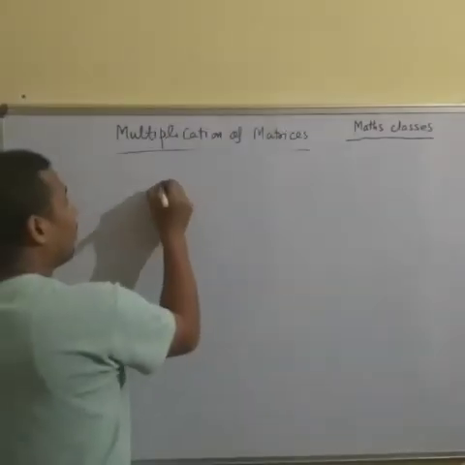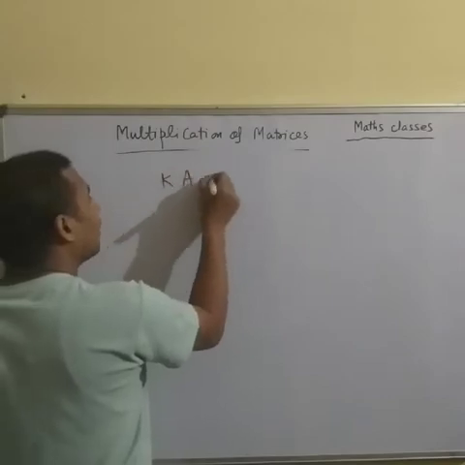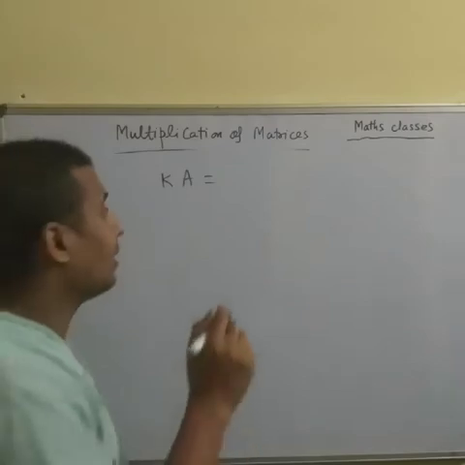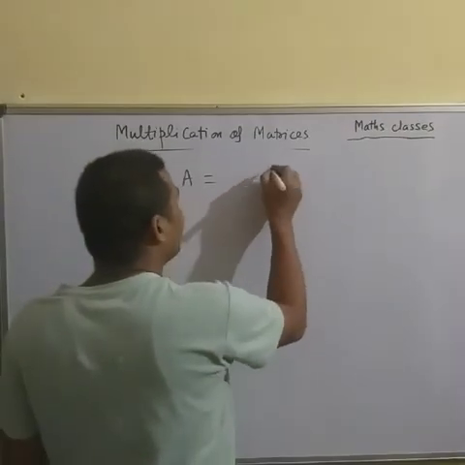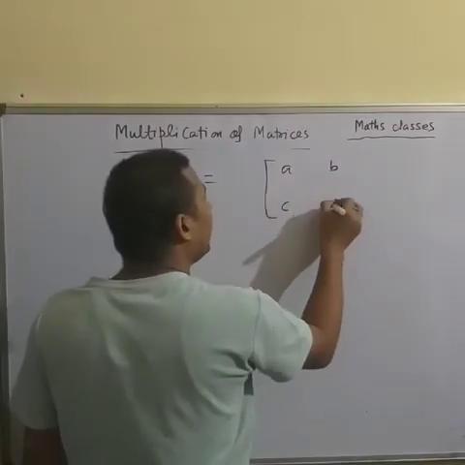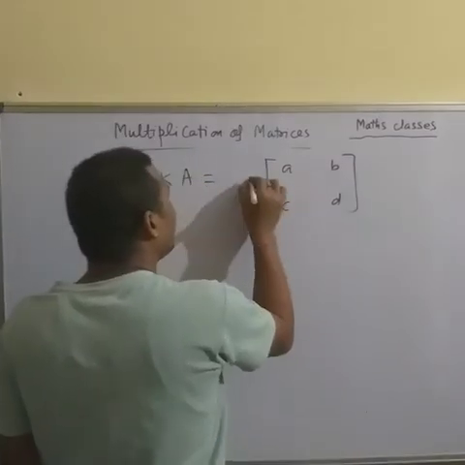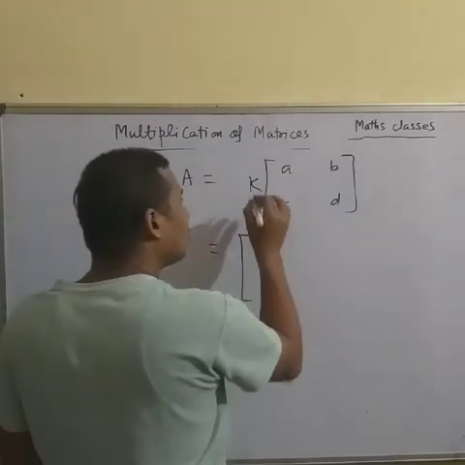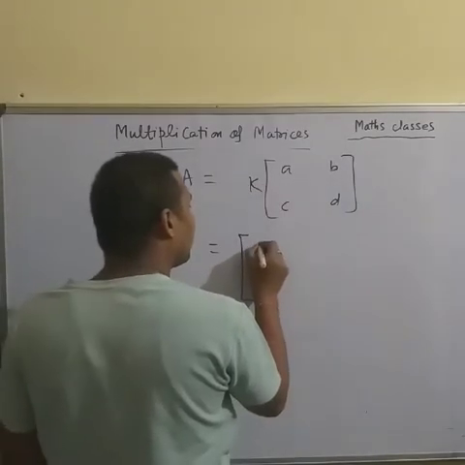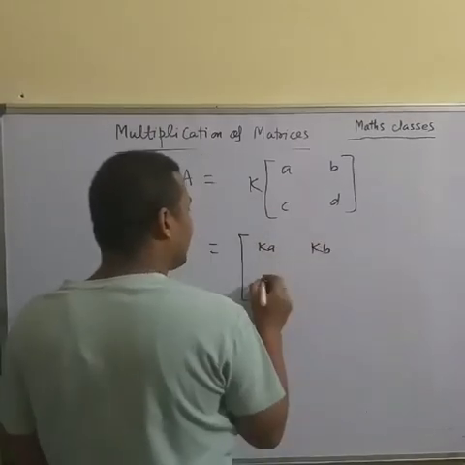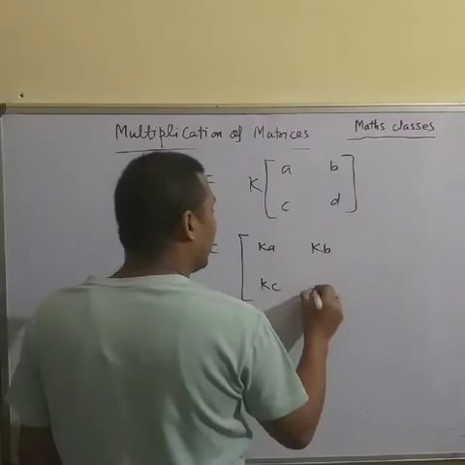If K is any constant and K is multiplied to a matrix, suppose that this is A, B, C, D, any matrix A into K. So what is the value? K multiply A, KA, KB, KC and KD.